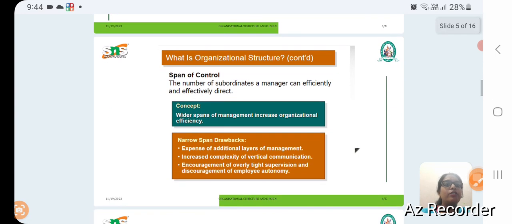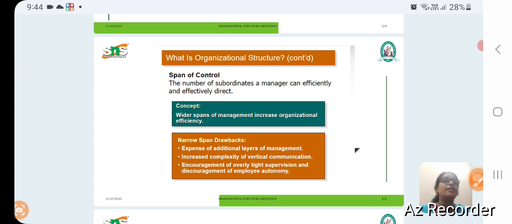Span of control is the number of subordinates a manager can efficiently and effectively direct. It regulates the number of direct reporters managed by a single supervisor. It depends on the aforementioned elements of organization structure. You need to evaluate your leader's capacity, workplace size, and experience level of employees.